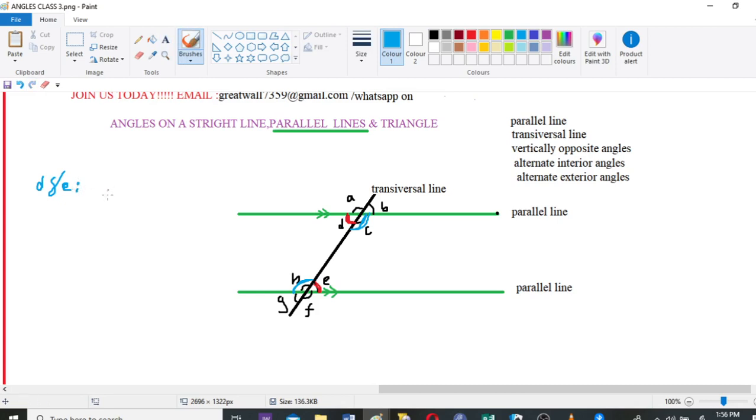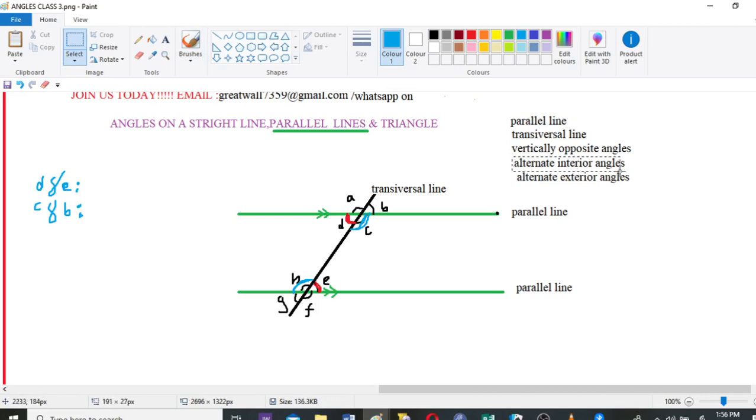And what other angles are alternate interior angles? We have C and B. So angle C and B are alternate interior angles as well. They are equal to each other. So if angle D is 30, angle E is also 30. If angle C is 50, angle B is also 50. So we are saying they are alternate interior angles.